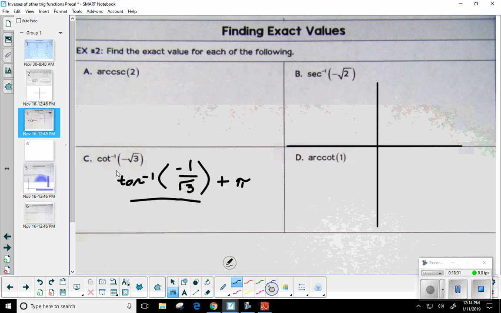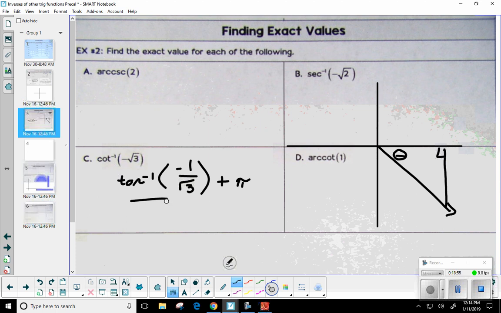Okay. All right, so tangent inverse, what quadrant is this in? We know it's restricted to 1 and 4. Why 4? Okay, because it's negative, right? We always choose the quadrant based on sign. I always connect it to the x-axis. So this is what I'm looking for. But remember, we're in quadrant 4.